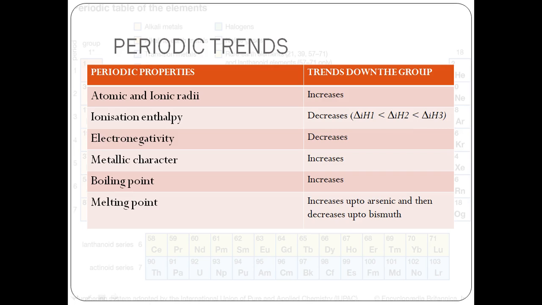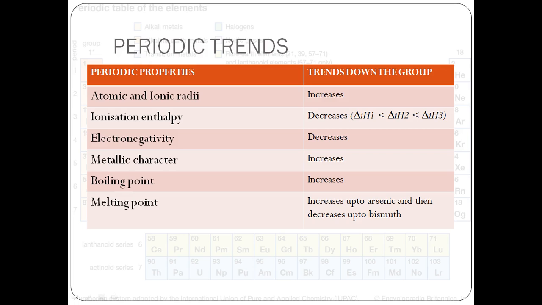Ionization enthalpy decreases down the group because of increase in atomic size. If you compare the ionization enthalpy of group 15 with group 14, you will find the ionization enthalpy of group 15 elements is much greater because of extra stable half filled p orbital configuration.